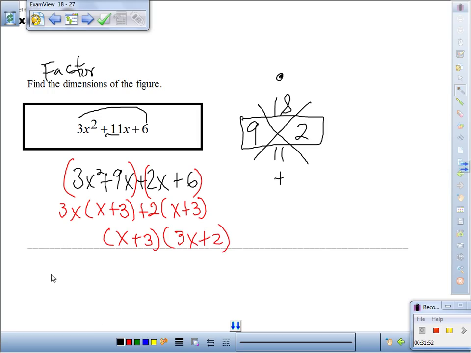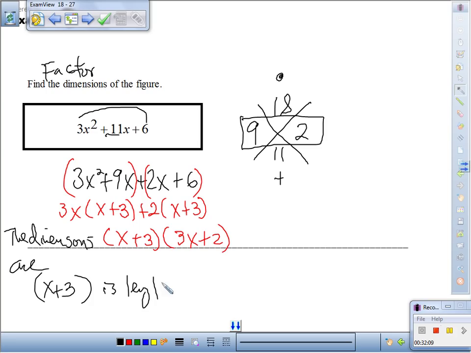And then you just write the dimensions: x plus 3 is length and 3x plus 2 is width.